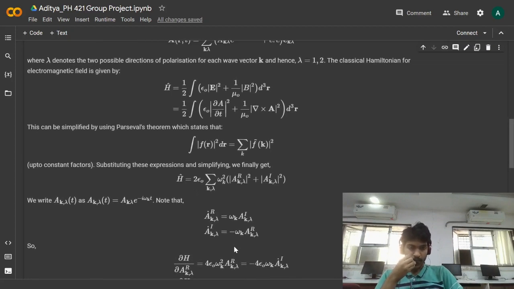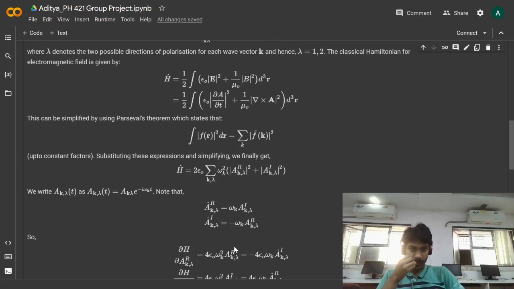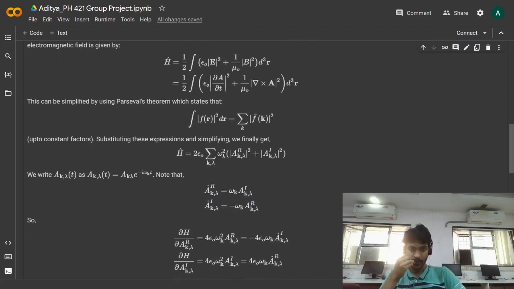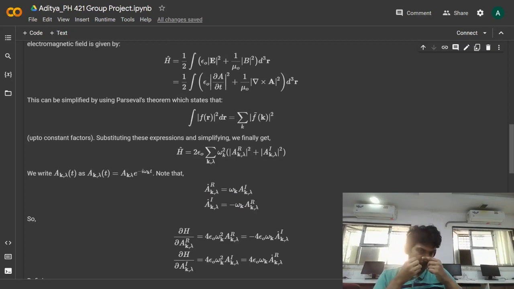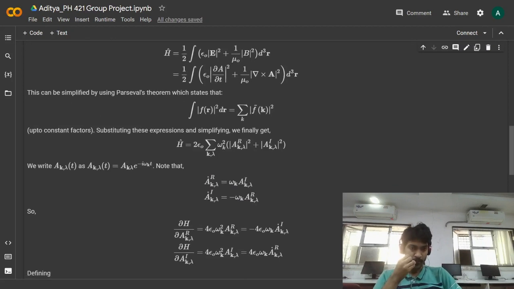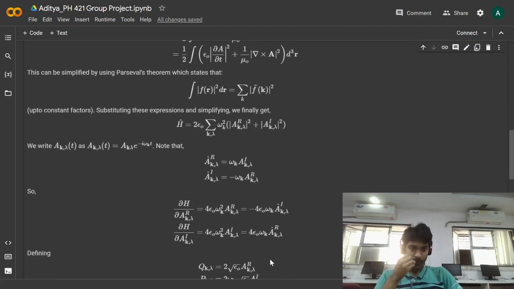And ∂H/∂(Re a) is 4ε₀ω_k² times the real part of a. Using these expressions, we can write the real part of a in terms of the time derivative of the imaginary part. Similarly, we do this for the imaginary part of a and relate it to the time derivative of the real part.